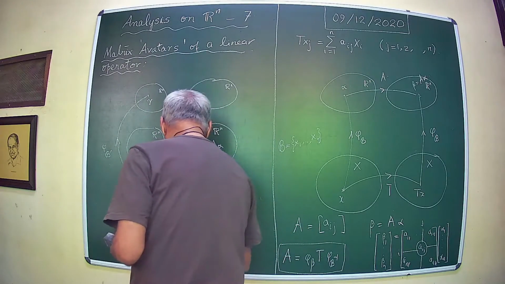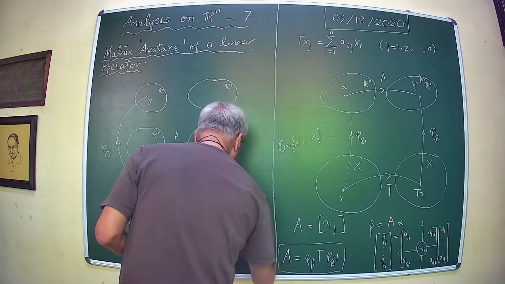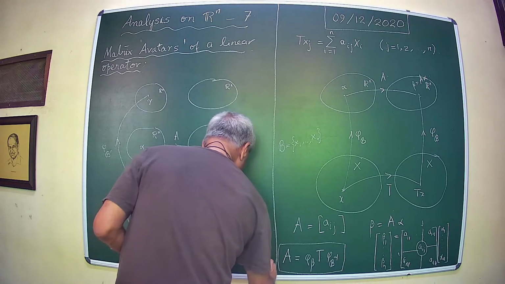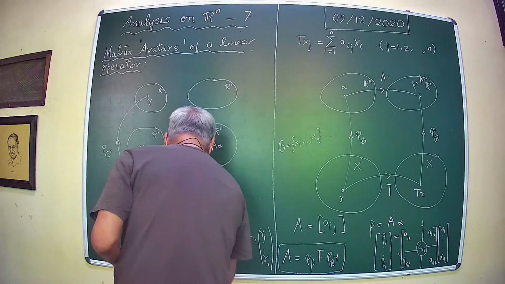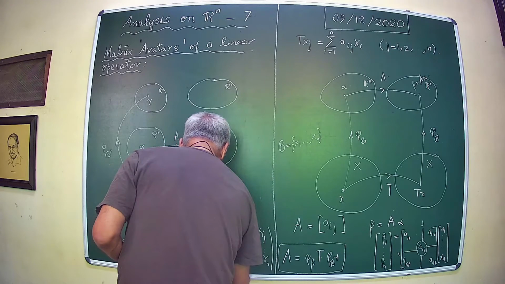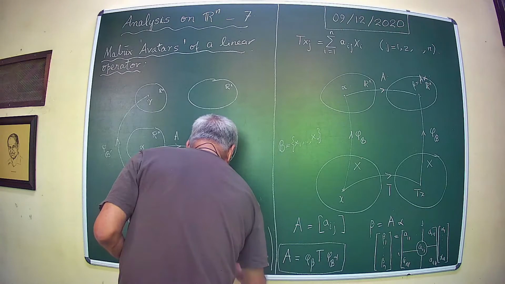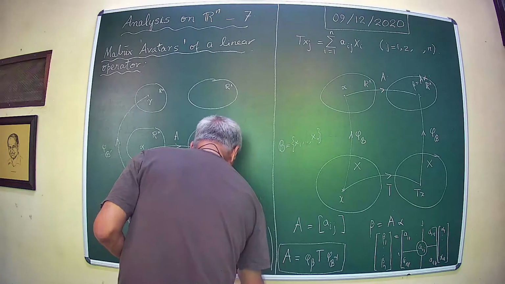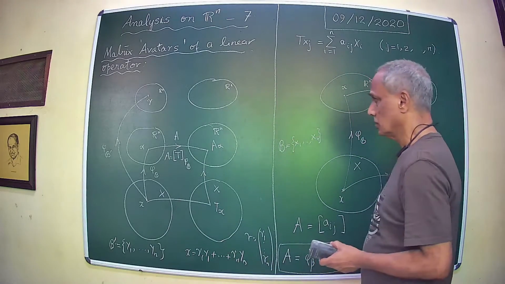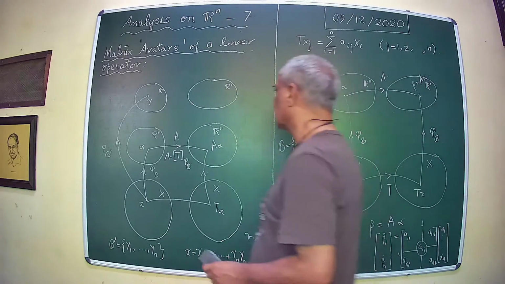Gamma is gamma 1, gamma n, and this corresponds to X. This is the representation, so I denote it by gamma.